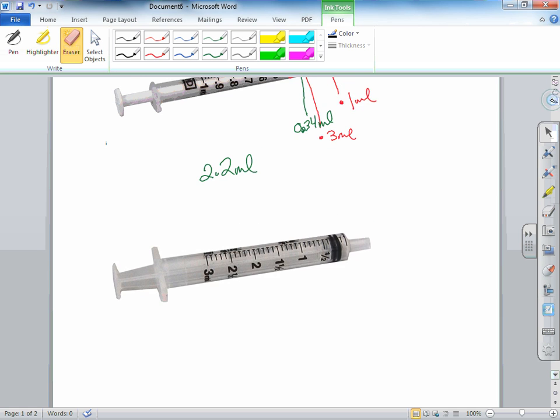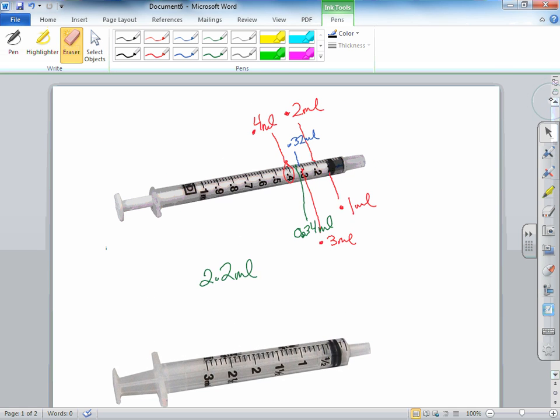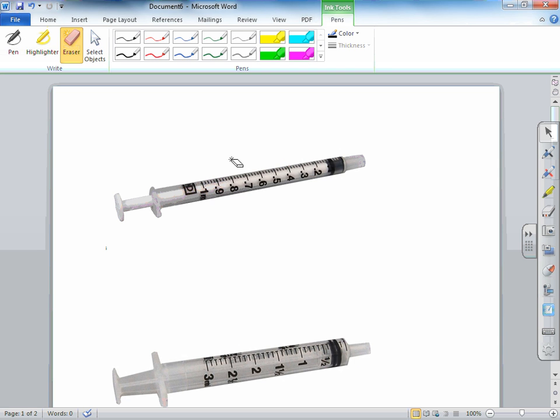So let's look at practice problems B. Practice problems B states that the following problems are designed to help you correctly read a syringe. So they basically want you to read each syringe, all right, and provide that volume. So for number 1, the amount in the syringe is what?